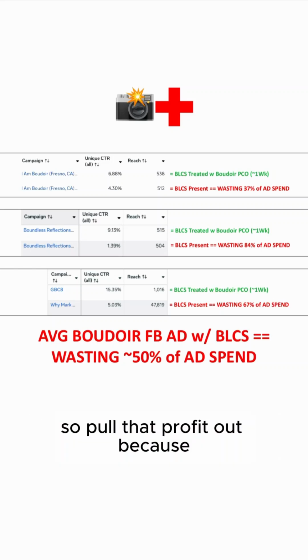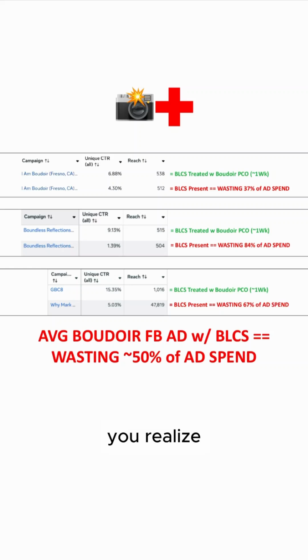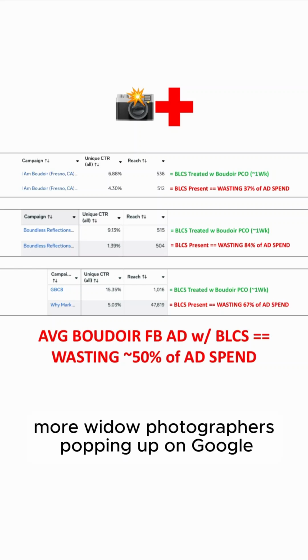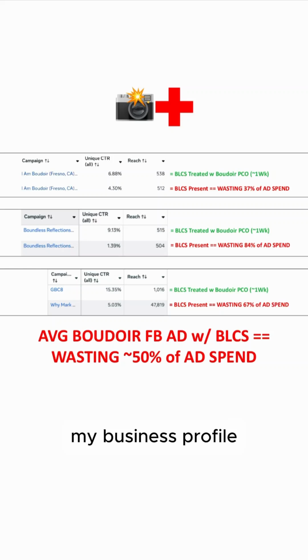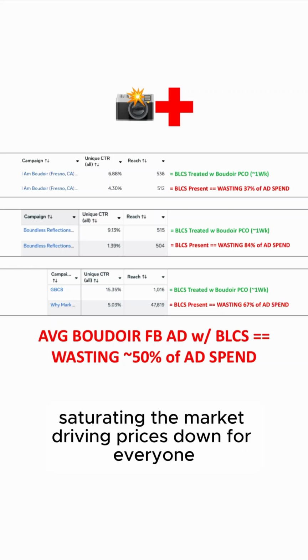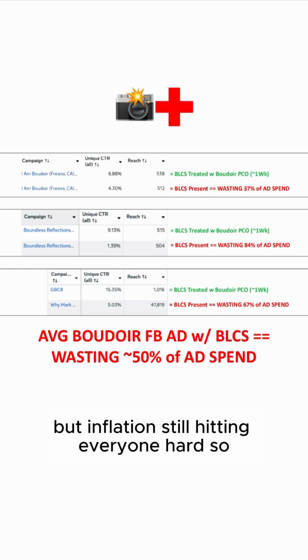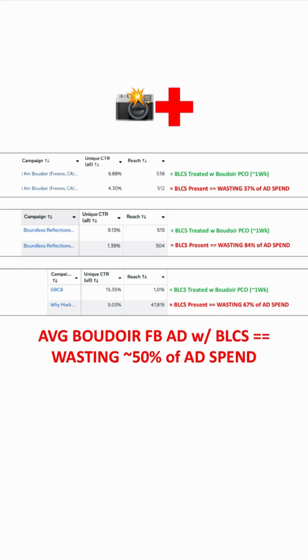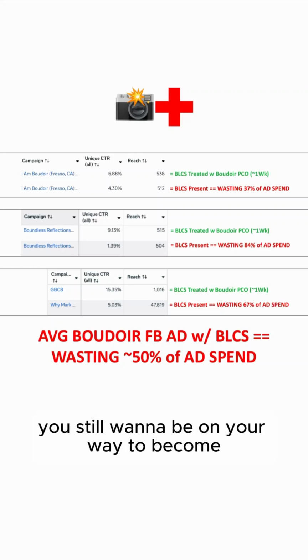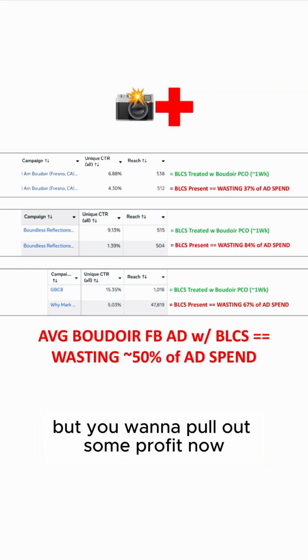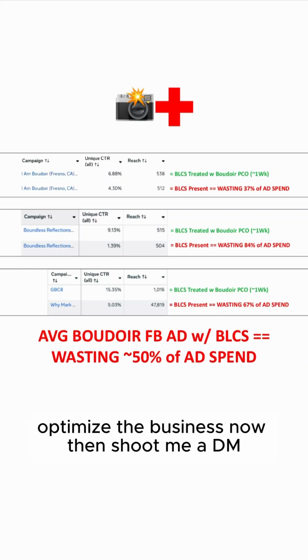So pull that profit out because you realize it's time to pull profit out of the business now, because more boudoir photographers are popping up on Google My Business profile, saturating the market, driving prices down for everyone, but inflation's still hitting everyone hard. So you still want to be on your way to be number one boudoir photographer in your city, but you want to pull out some profit now, optimize the business now, then shoot me a DM.